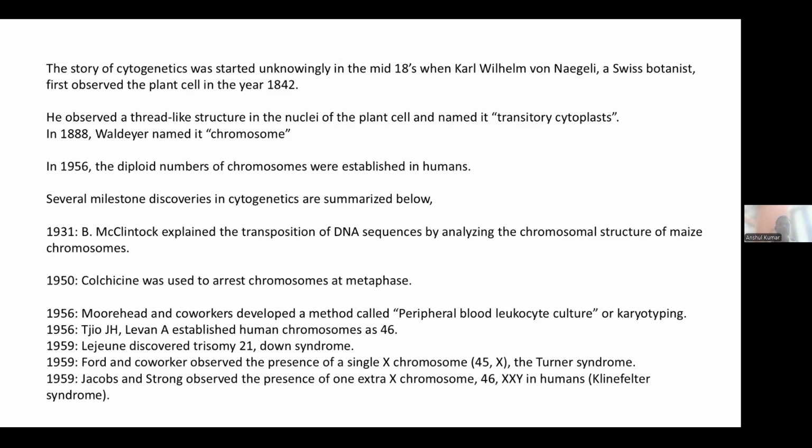In 1959, Jacobs and Strong observed the presence of one extra chromosome, 47,XXY, in humans. That is called Klinefelter syndrome. So in Turner syndrome, one sex chromosome of the pair was missing, whereas in Klinefelter syndrome, one extra chromosome was added to the sex chromosomes.